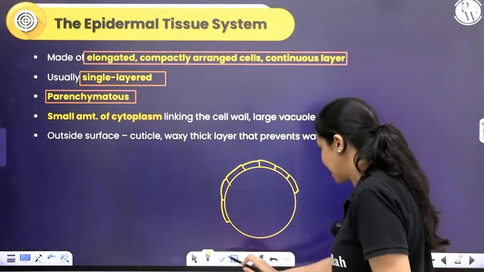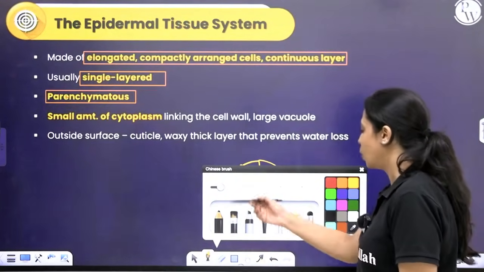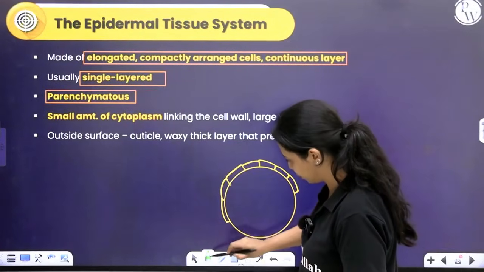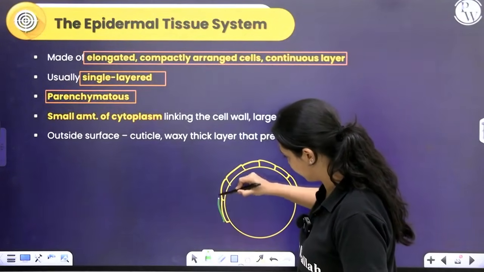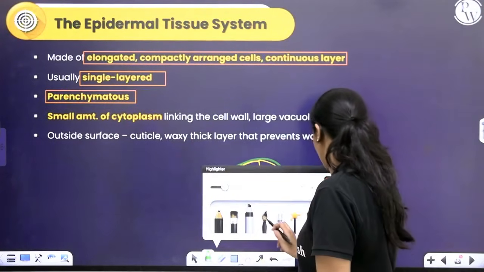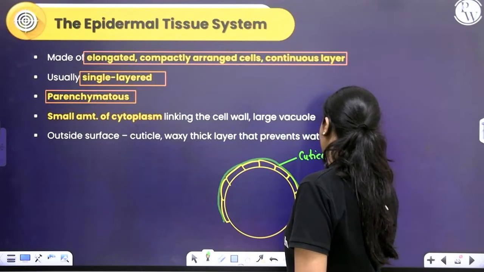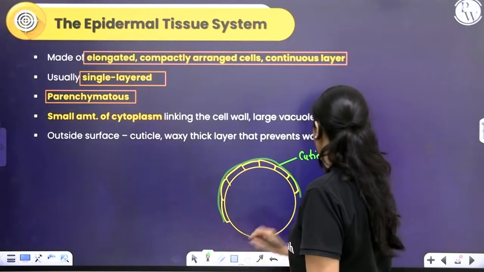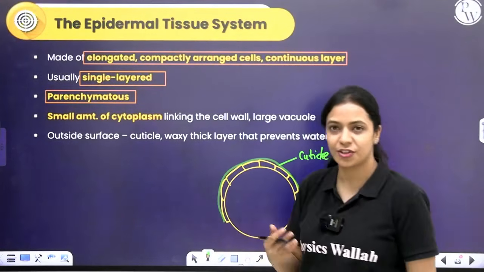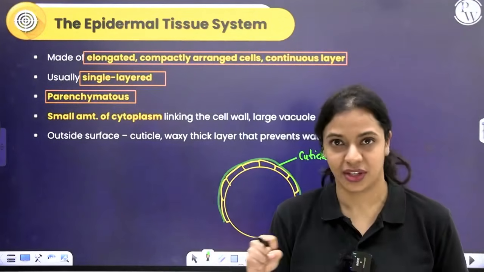Sometimes, depending upon which plant part it is, towards the outer side of the epidermal layer, you can see a thin layer of a waxy substance present that is called the cuticle. This cuticle prevents water loss in the form of transpiration, reduces the rate of transpiration and helps in conserving water inside the plant.